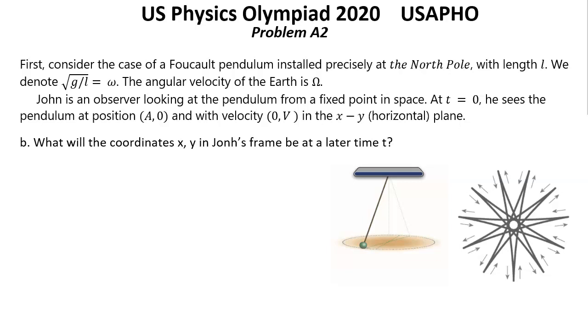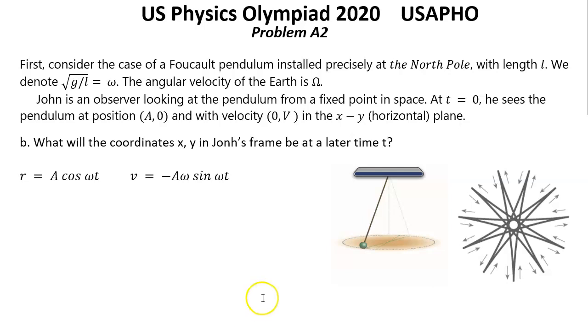Solution. Because the coordinate system of John is an inertial frame of reference, in the common case the solution for the system in question A will be r equal a cosine omega t and v equal negative a omega sine omega t.